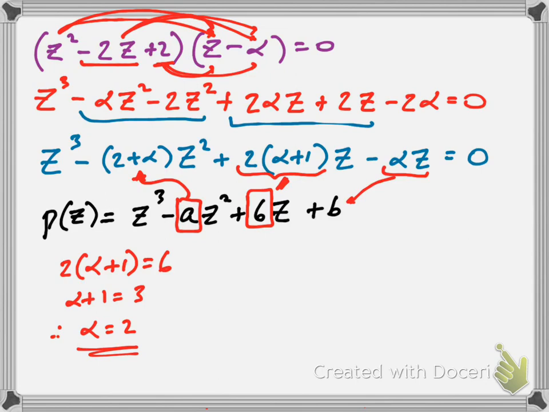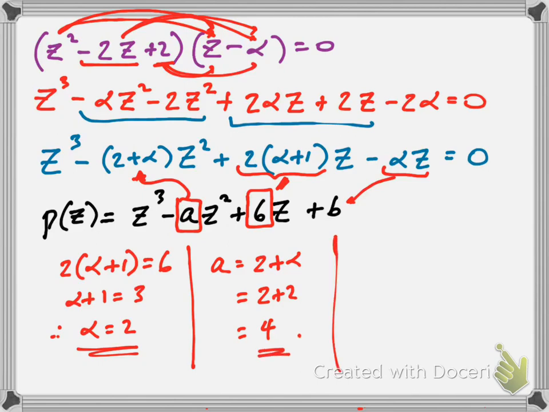So a would be equal to 2 plus alpha, which is 2 plus 2, equal to 4. For b, we want to find b, so b would be equal to minus alpha... hang on one second, I think I made a mistake here.